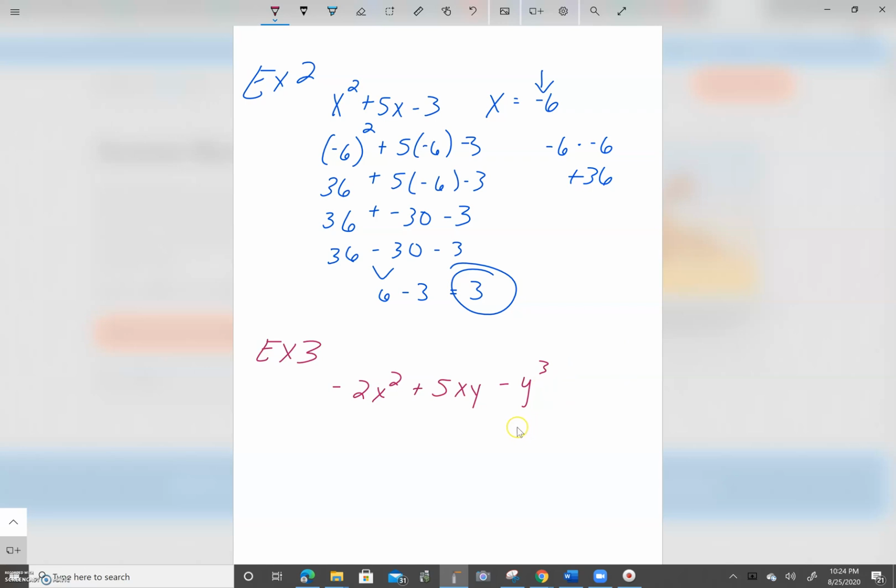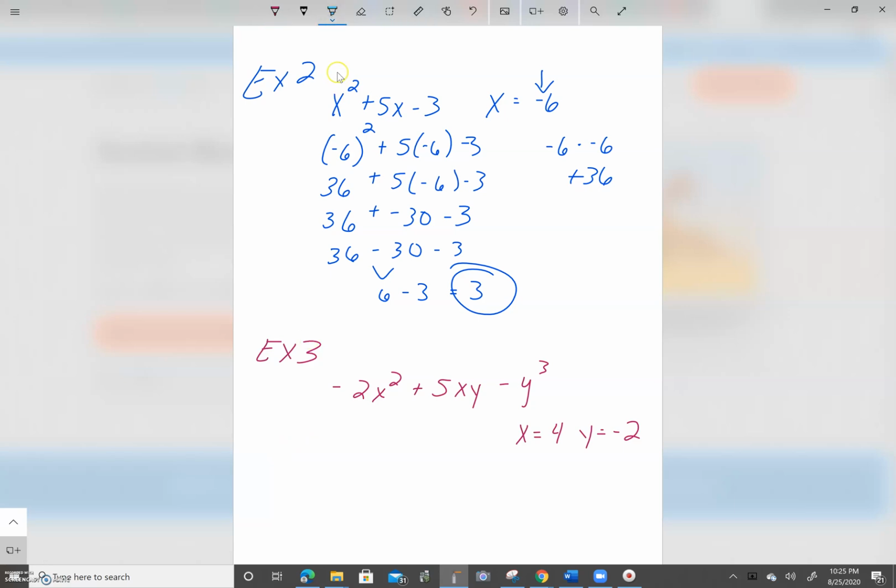And this time it wants us to evaluate this where x is equal to 4 and y is equal to negative 2.